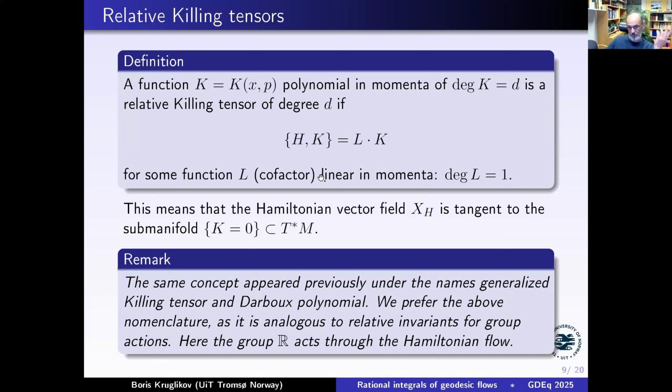Usually, of course, division is not possible, so here we require division. Geometrically, it means that the Hamiltonian vector field corresponding to H will be tangent to the submanifold k equal to 0 in the cotangent space. Actually, it's better to think about this condition in complexification.